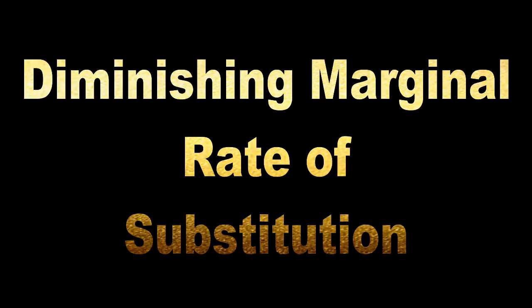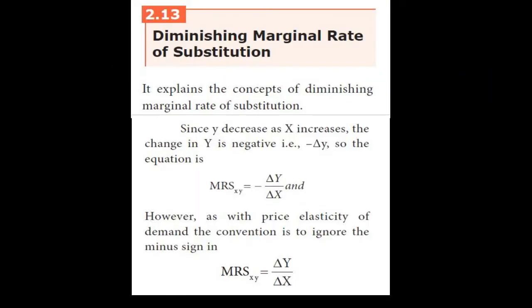Diminishing marginal rate of substitution. The concept of diminishing marginal rate of substitution means the commodity Y decreases as the commodity X increases.